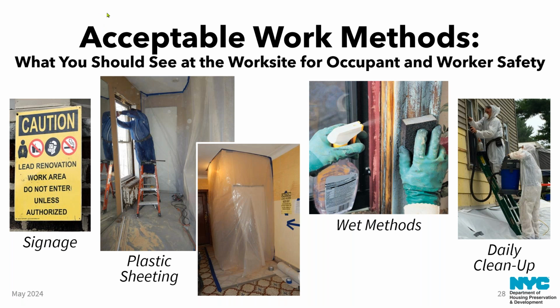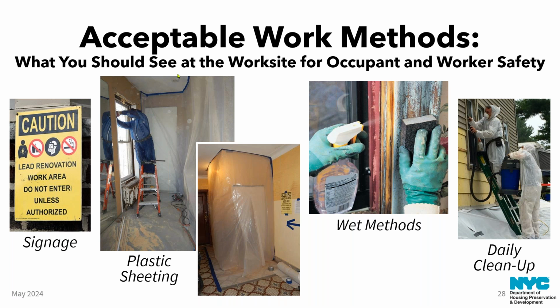Here are some examples of what you're going to see in a work site where safe work practices are being used. You're going to see signage. That signage is going to warn people not to enter the work site because there is dangerous lead contamination in that site. And it has to be posted at the entrance of the work site.